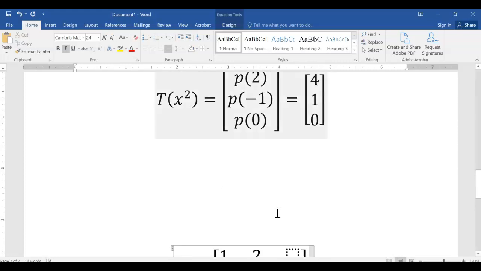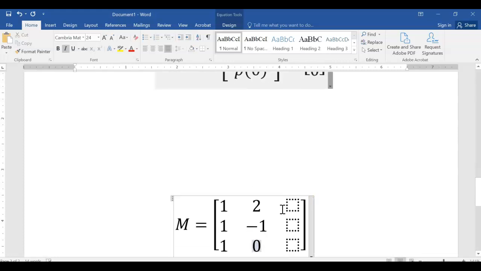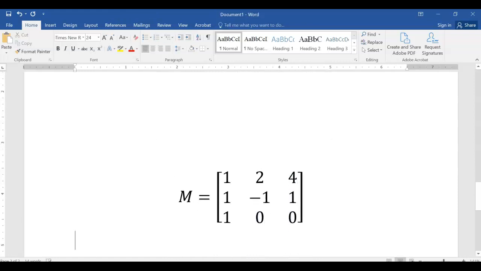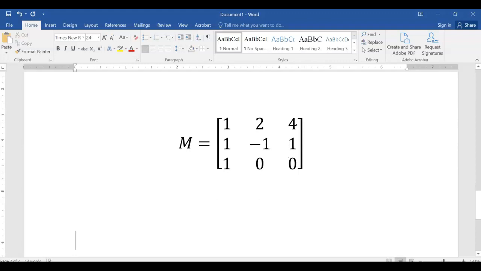And then my third column is going to be 4, 1, 0. And there you have it. This matrix is the matrix for transformation T with respect to bases B and C.